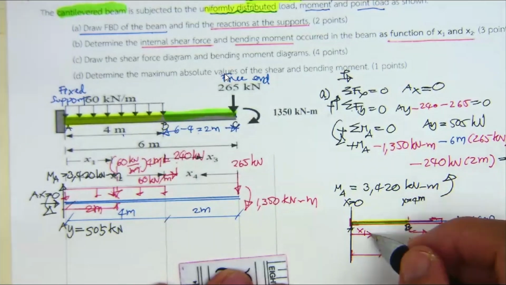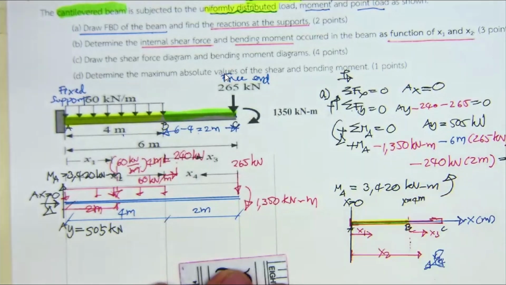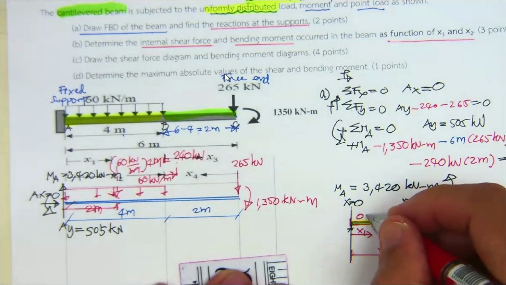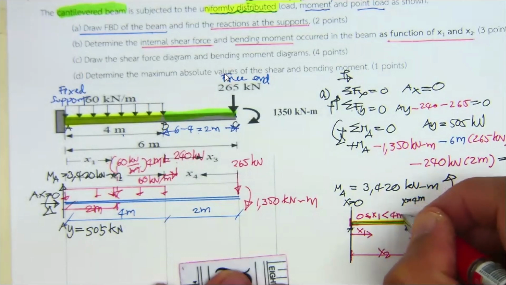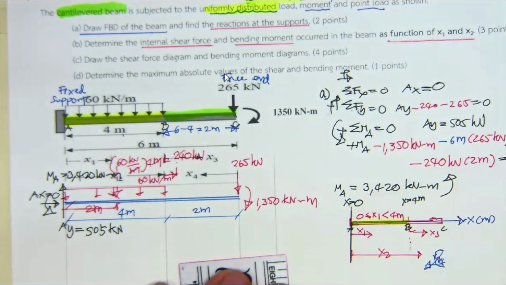So for x1, you've got to break it from 0 less than or equal to x1 less than 4 meter.